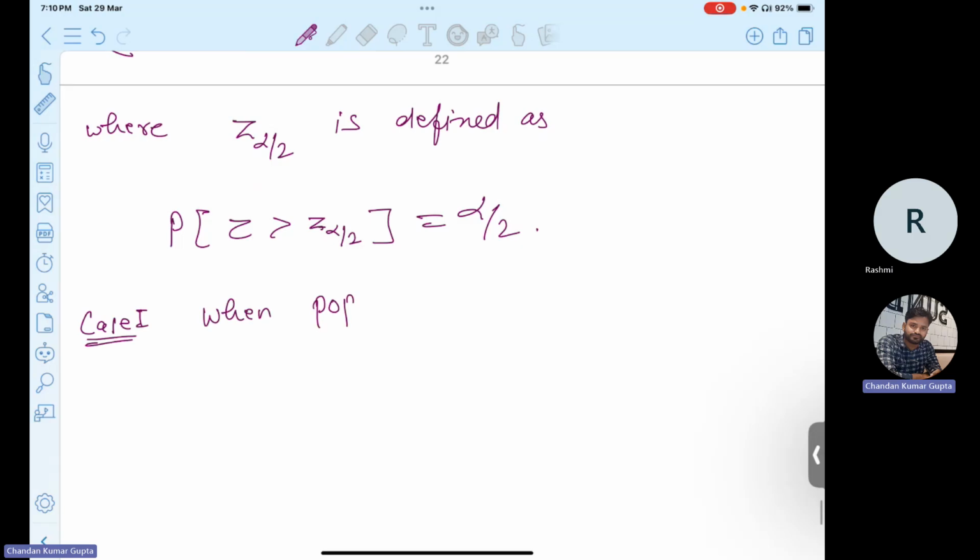In that case, we use the student's t distribution. We replace the normal distribution with the student t distribution, and in place of the population variance we use the sample variance.